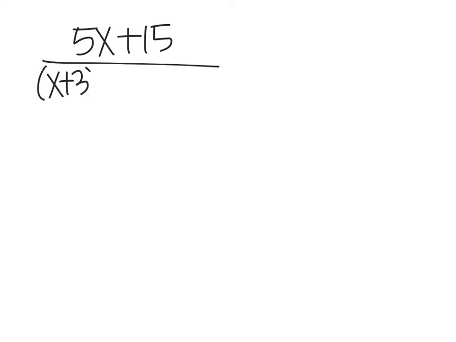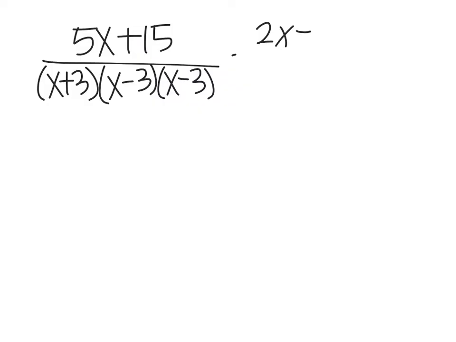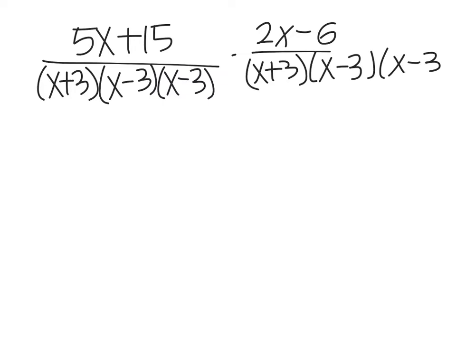So now that we have 5x plus 15 over x plus 3, x minus 3, x minus 3, minus 2x minus 6 over x plus 3, x minus 3, and x minus 3, we're going to combine both fractions.